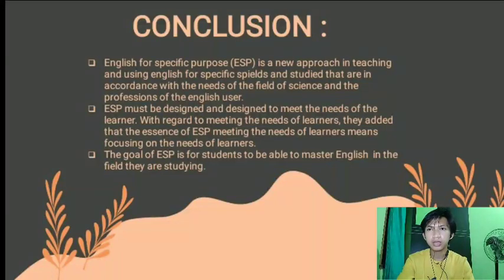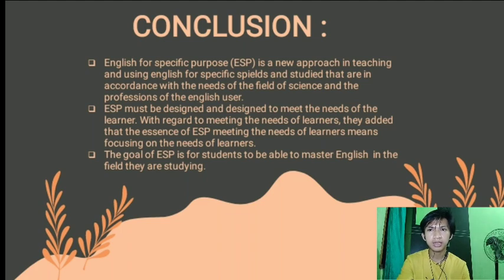Well, the conclusion of this material is that English for Specific Purposes, or ESP, is a new approach in teaching and using English for specific fields and studies that are in accordance with the needs of the field of science and the professions of the English users.